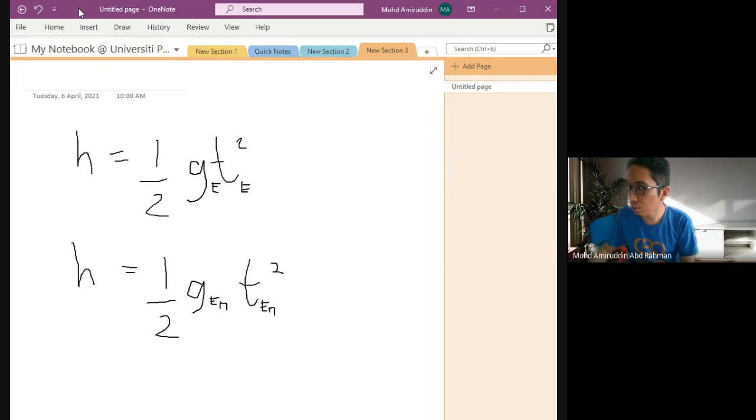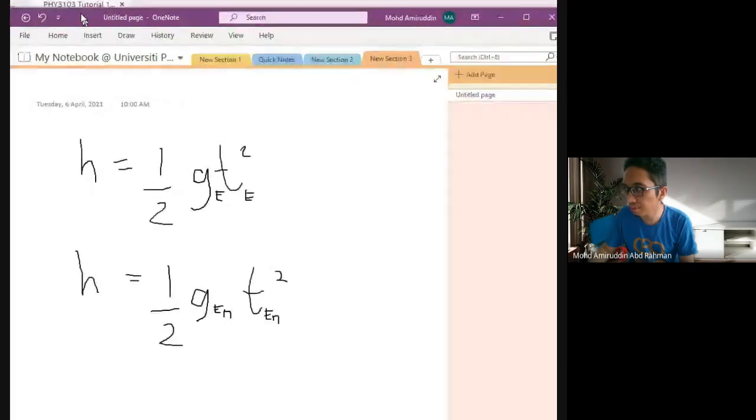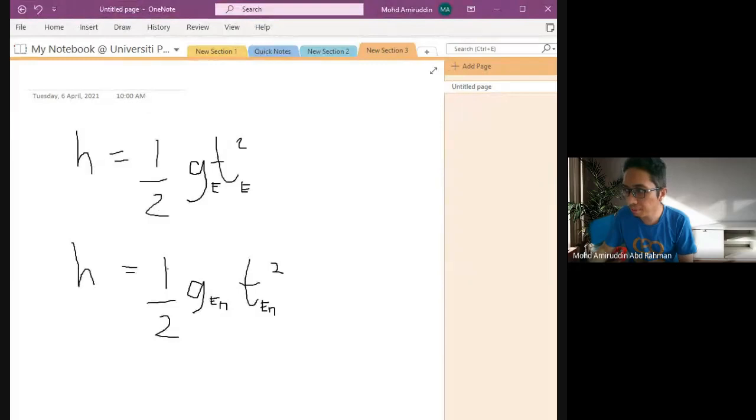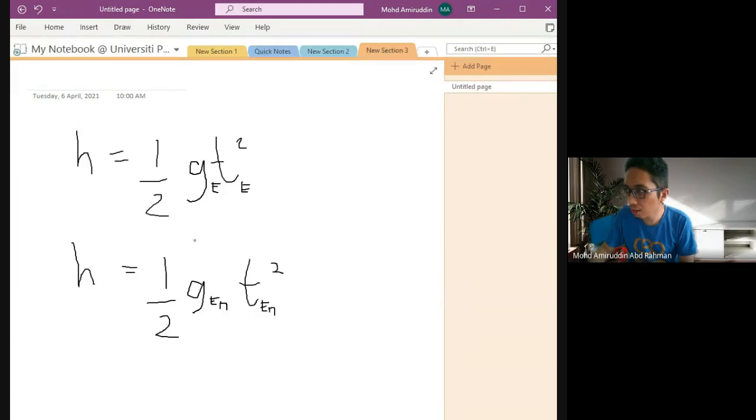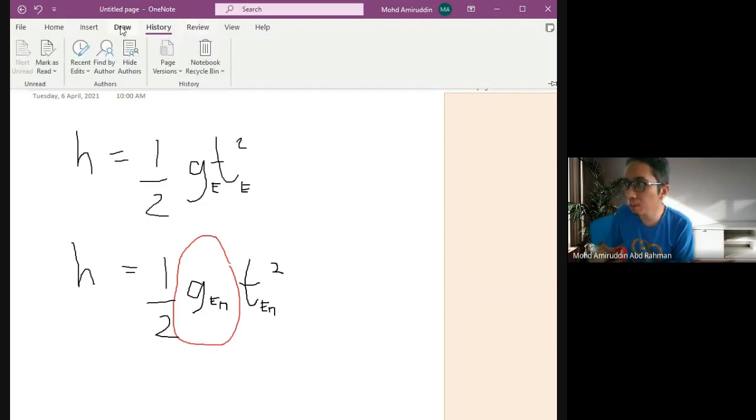The question asks about the acceleration due to gravity on Enceladus, so you need to find this one. Because you already obtained the equations, it should be easy.